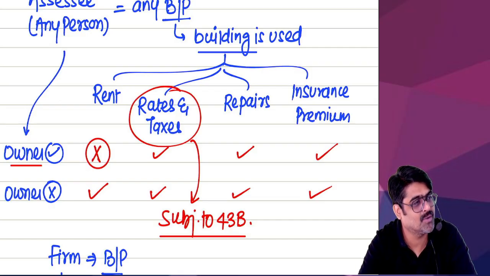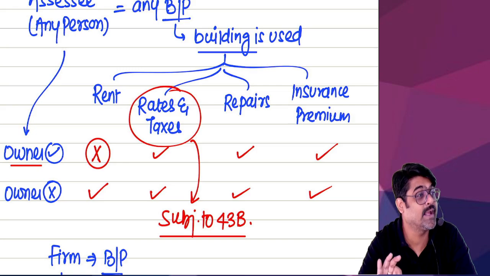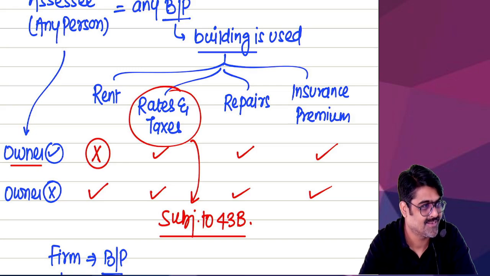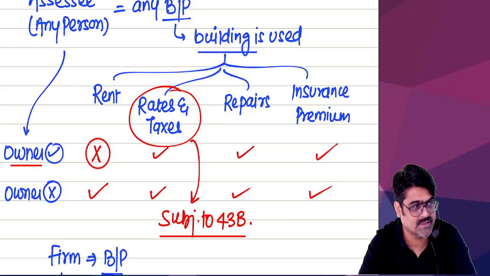Building does not belong to you. So that cost will be treated as deemed building in your hands, which you can claim in the form of depreciation. But for you also it will not be allowed as a deduction.